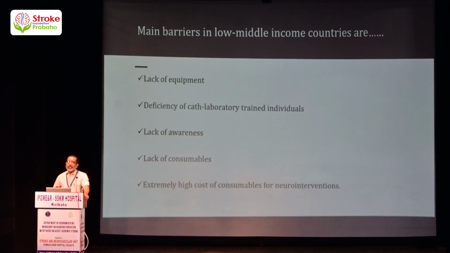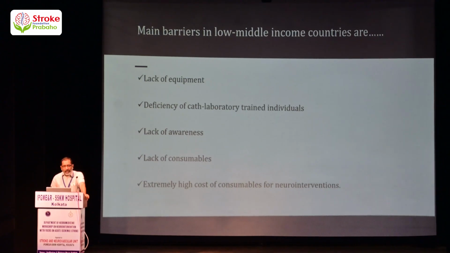But in a resource-poor country like ours, there are a lot of barriers to developing a proper neurointerventional Cath lab, like lack of equipment, trained manpower, lack of awareness, and in some of the procedures, the cost is very high.